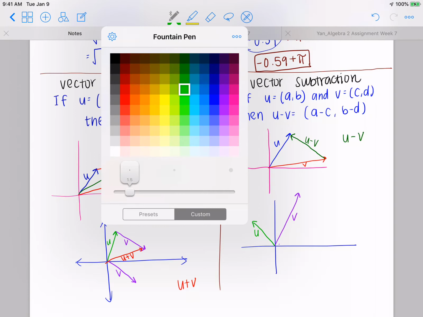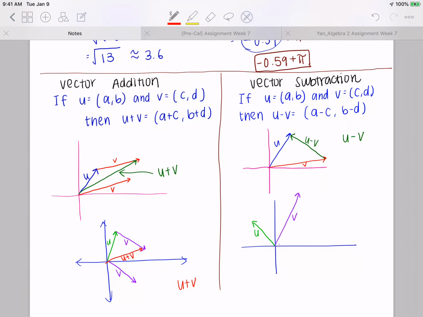To do u minus v, again, start at the arrow of v to the arrow of u. So I go from v to u. That would be u minus v. Okay.